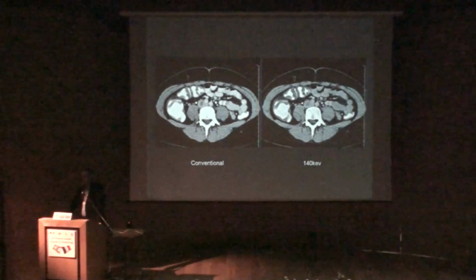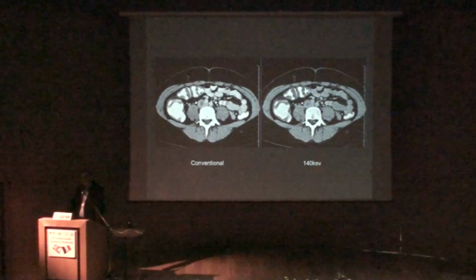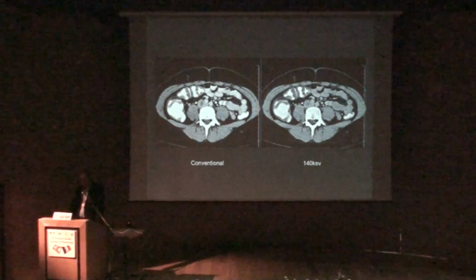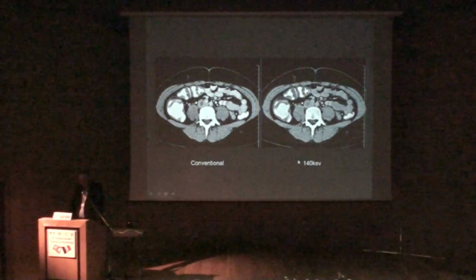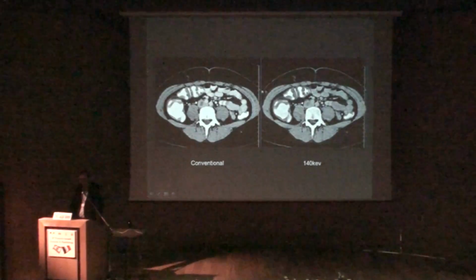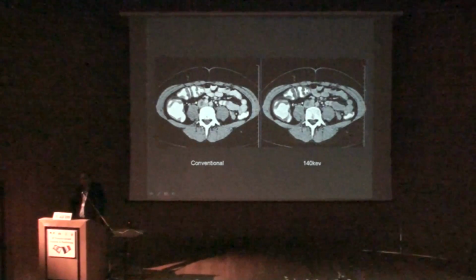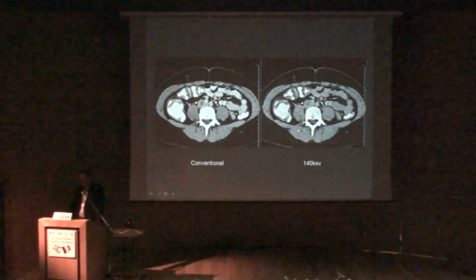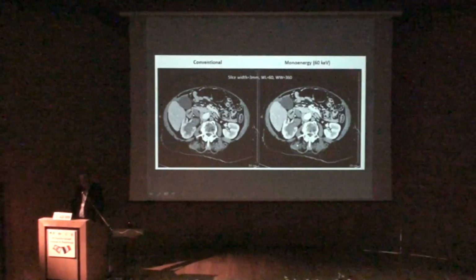And we can see CT enterography studies and CT urography studies, in this case at 140 keV, because of this concentrated iodine. If we go up, we can see better delineation and better visualization of the bowel loops.